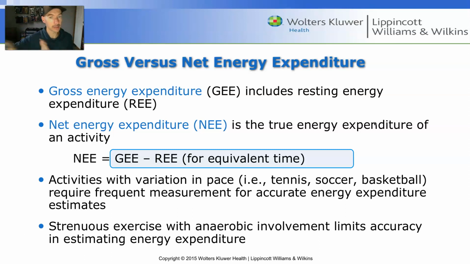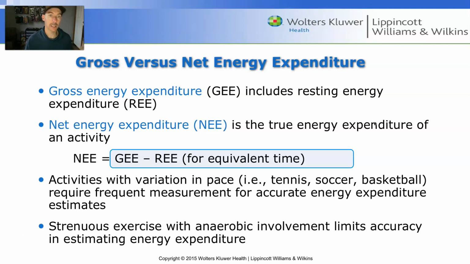Just like we're always paying taxes, we're always having to expend energy to fuel our resting metabolic functions, which is the basic organ function, etc. The net energy expenditure, on the other hand, is all of the energy you expend specifically for a given activity, and that does not include your resting metabolic rate, right?